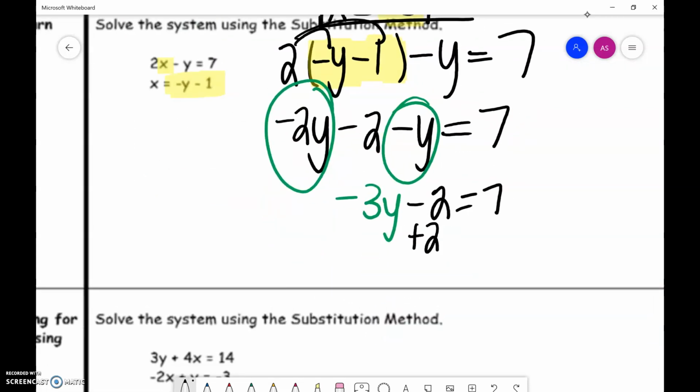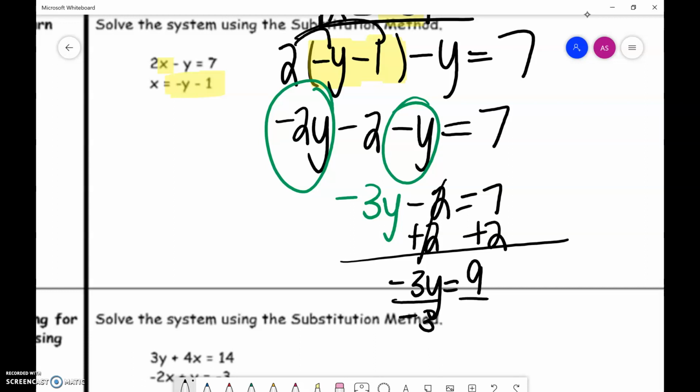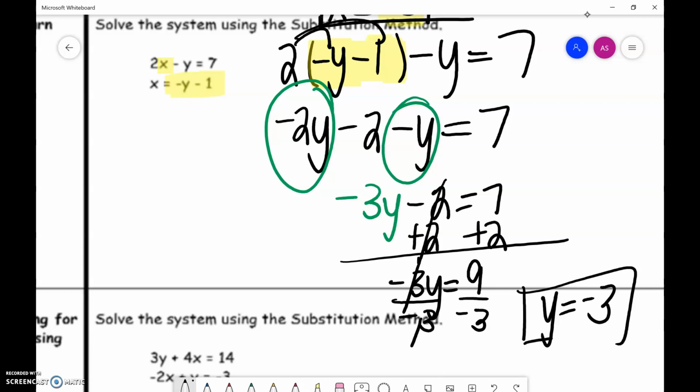Then I add 2 to both sides. I'll have negative 3y equals 9. Then I divide both sides by negative 3, and I'll have y equals negative 3. So that's our first part.